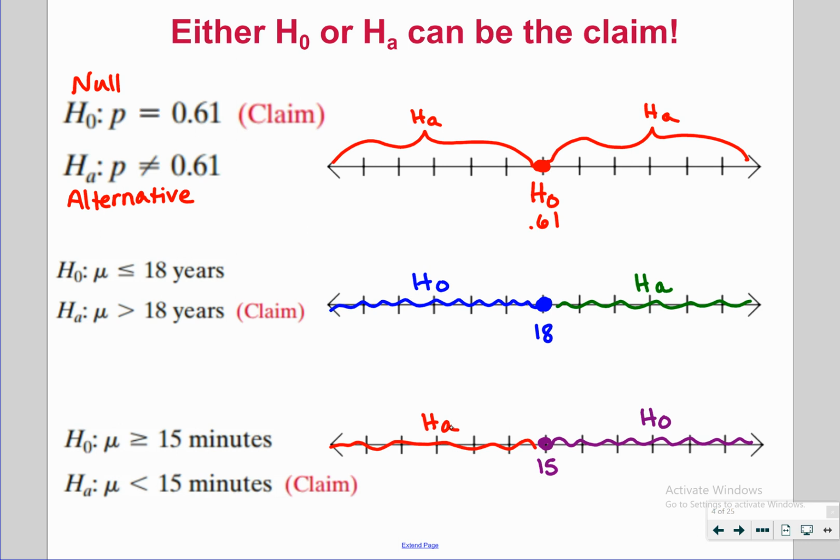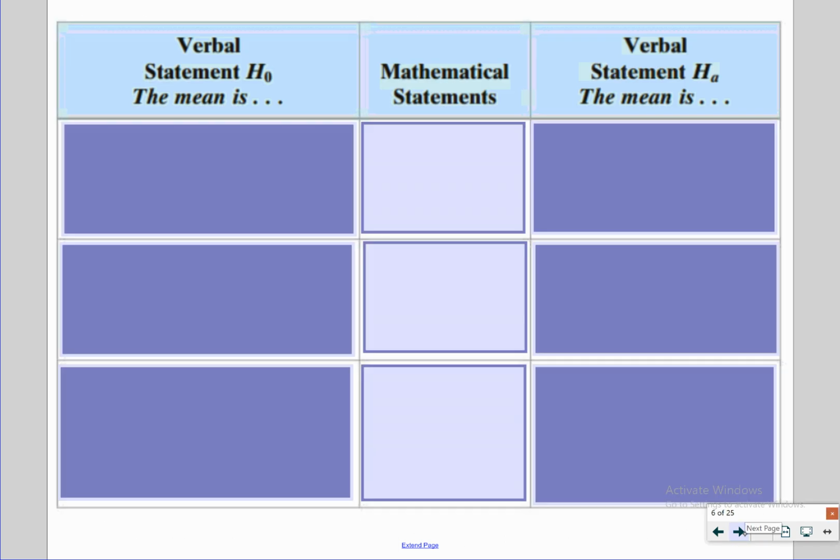So we're claiming that the mean is greater than 18, or we're claiming that the mean is less than 15. Okay. We'll talk about later with these two how the claim isn't necessarily something we're trying to prove. Sometimes it's going to be something we're trying to disprove. So that could make a difference on whether we make the claim the alternative or the null. All right, flip it over.